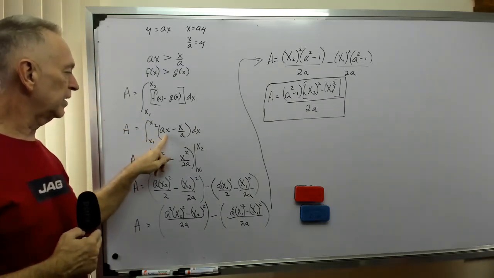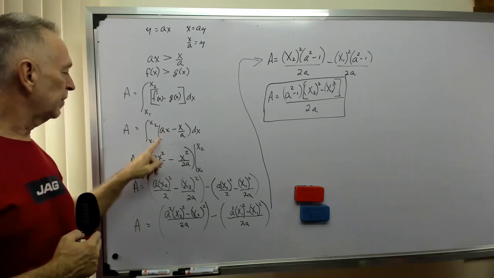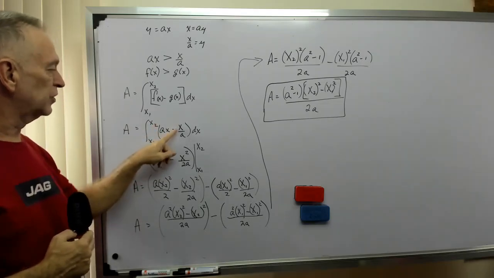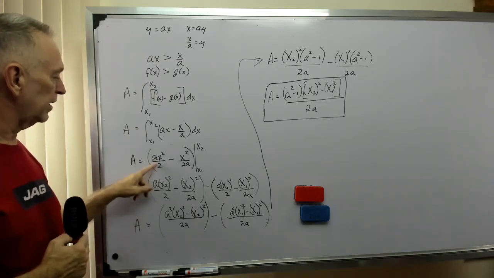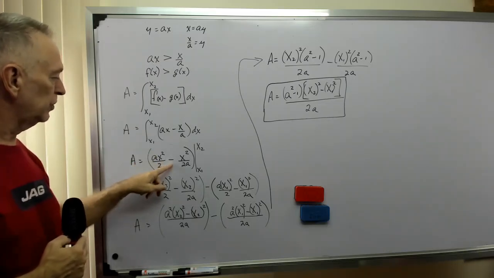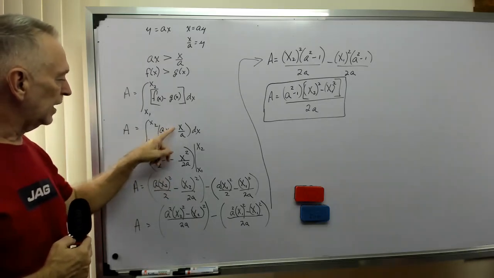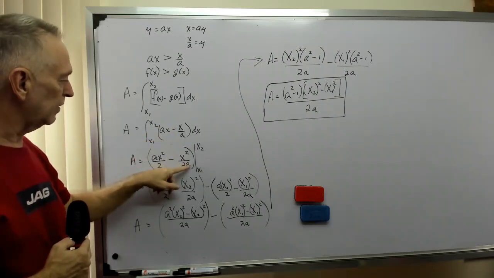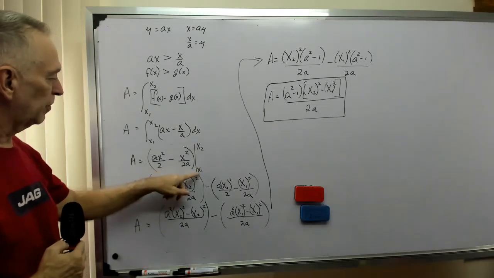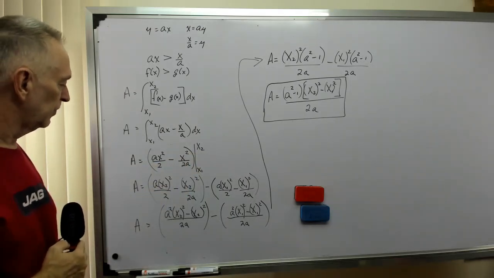The area is the integral from x1 to x2 of ax minus x over a. If we integrate, that gives ax squared over 2 minus x squared over 2a, from x1 to x2.